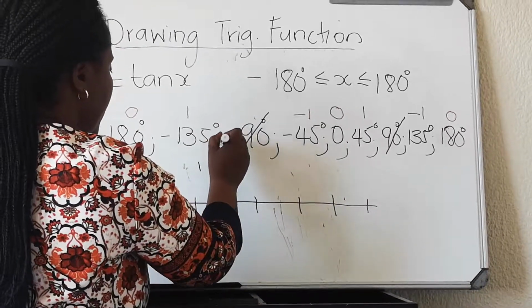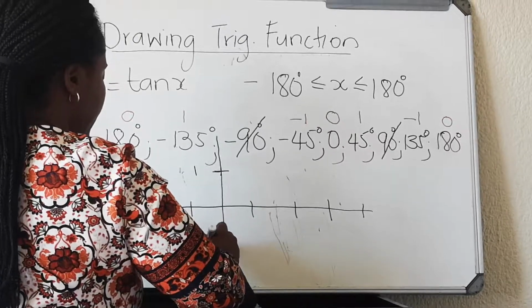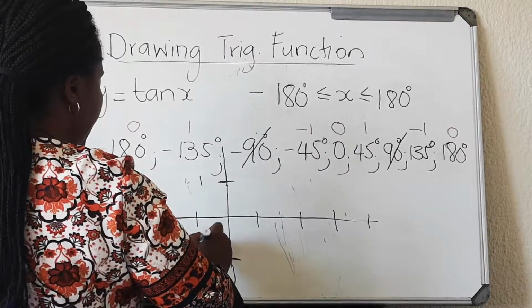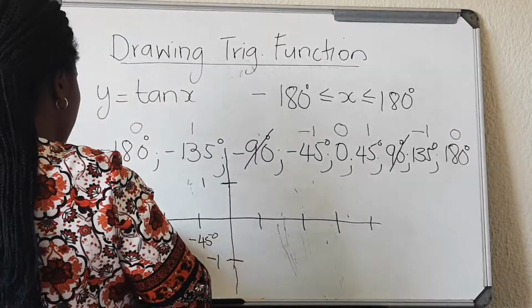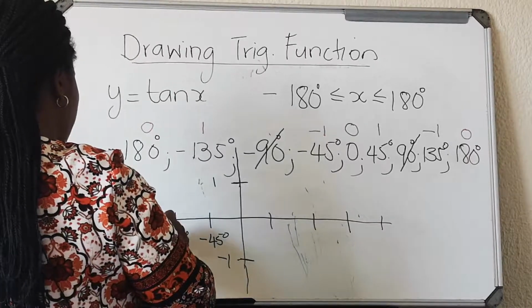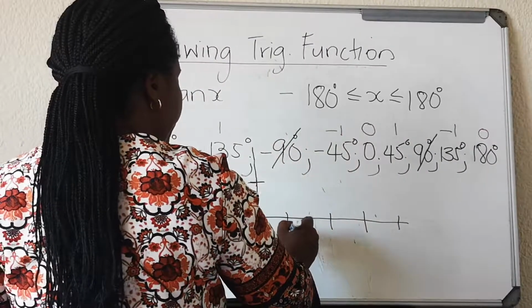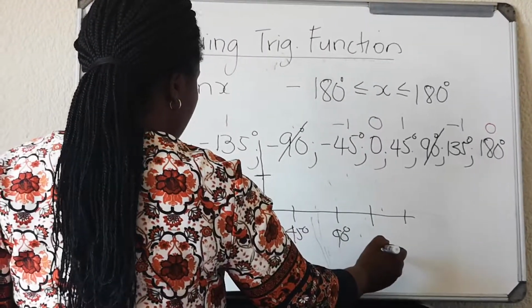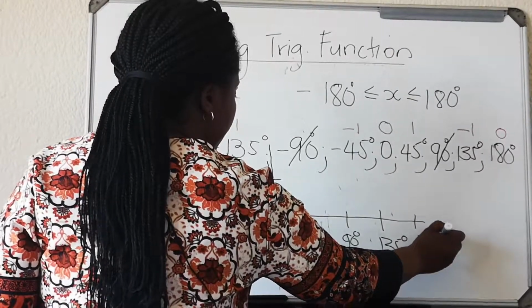I have 1 and minus 1 on the y-axis. On the x-axis I have minus 45 degrees, minus 90 degrees, minus 135 degrees, and minus 180 degrees. Then 45 degrees, 90 degrees, 135 degrees, and 180 degrees.